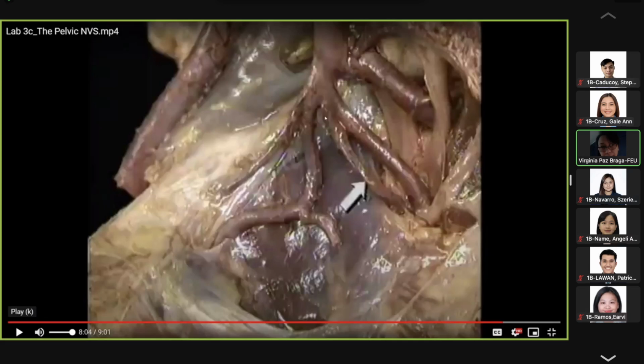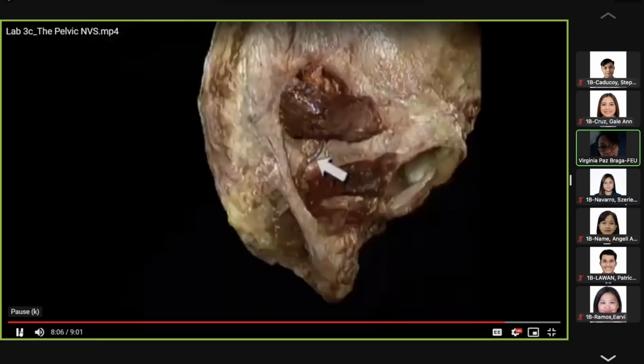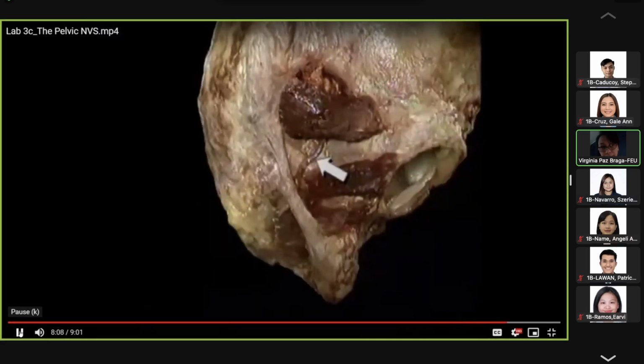It's a branch. Pudendal artery. Okay. And its further course. So that means we can show it from the back or from the front.